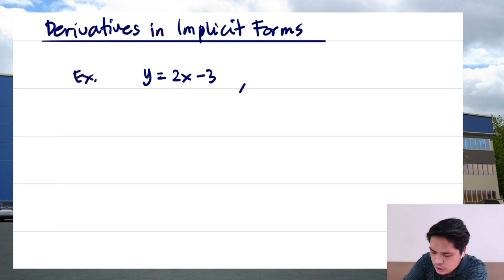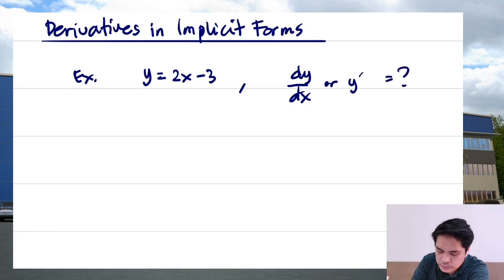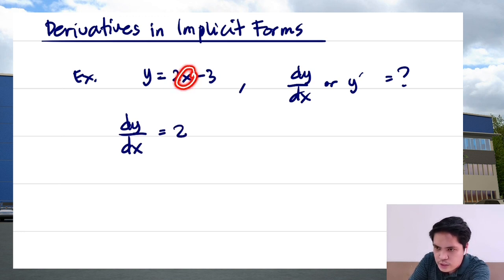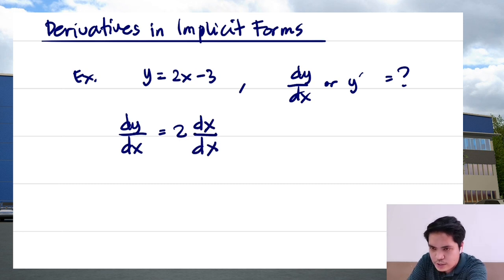If we need to get dy over dx, or y prime, how do we do that? We just say that the derivative of y with respect to x, dy over dx, is equal to the constant 2 times the derivative of x with respect to x, minus the derivative of 3.